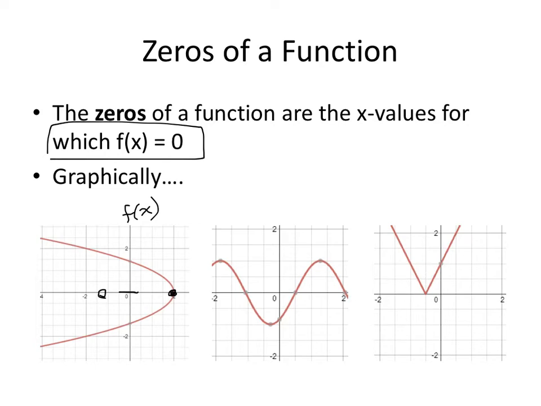So looking at this other graph here, we had several repeating zeros here, okay? And on this one, we only had 1 zero. Okay, so even though this is not a function, it still had a 0, okay? But the other ones were functions, and yes, they had zeros as well.